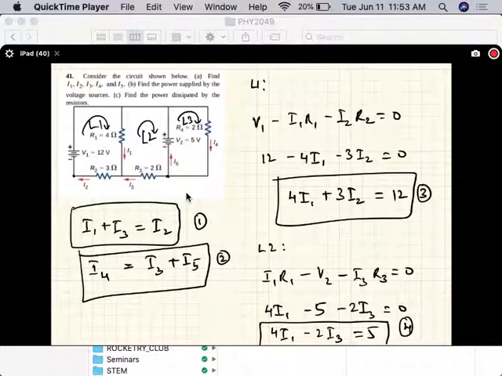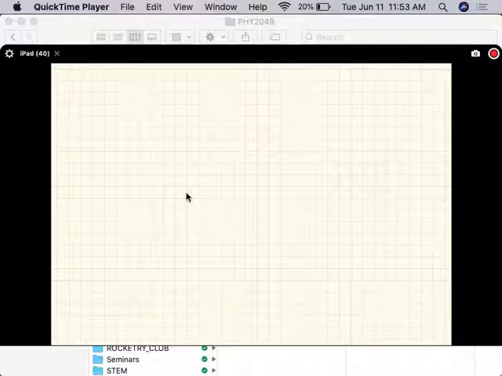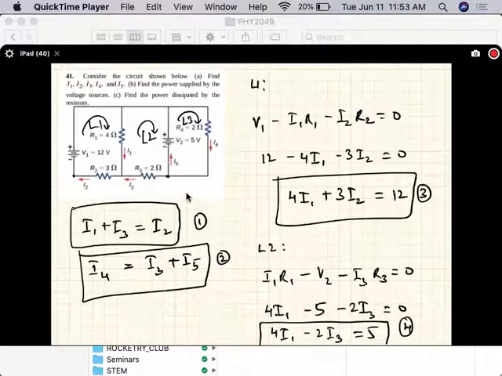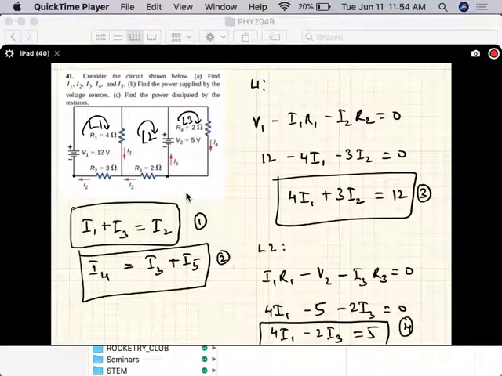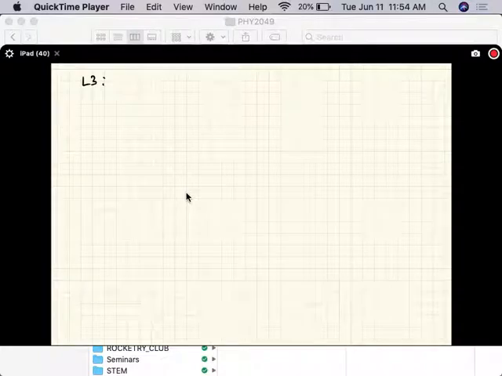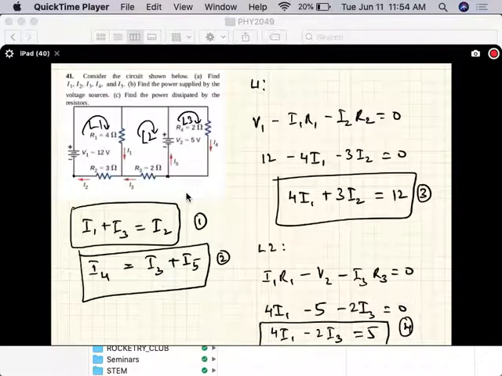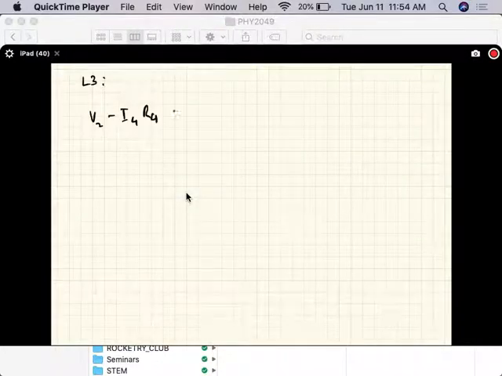And then for loop 3. So let's see. Loop 3: plus 5 minus I4 R4 plus V2, and only 2 elements, so equal to 0.